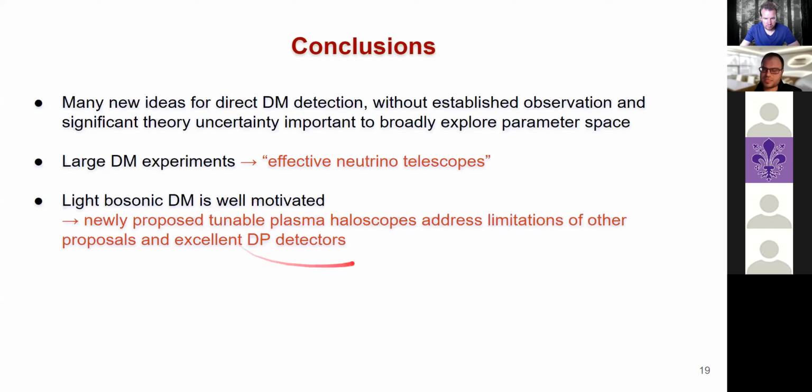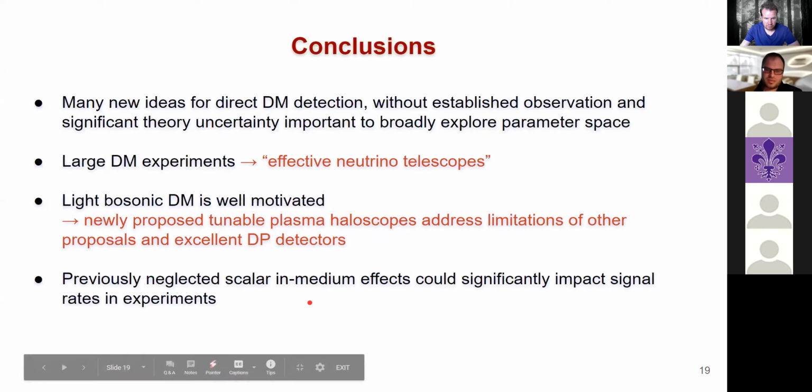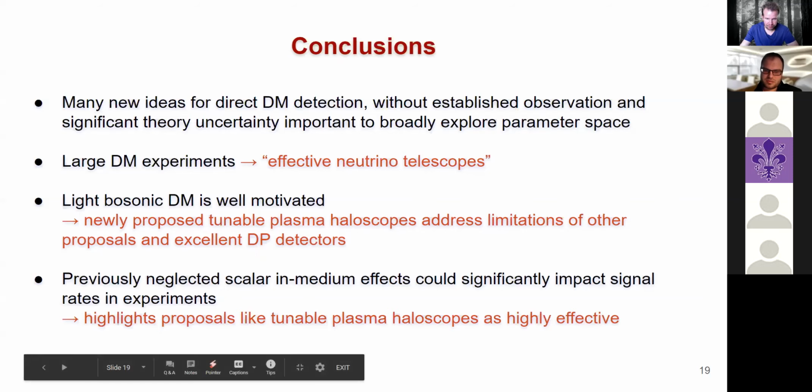They appear to be excellent dark photon detectors, in fact with more sensitivity than for the axion searches. And finally, in the case of scalars, medium effects have been previously neglected, but if these effects are there, they can very significantly impact the experimental rates. Again, this highlights some particular proposals, such as Dirac materials or tunable plasma haloscopes, as particularly efficient.